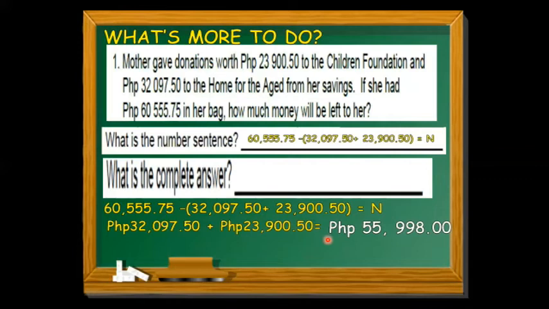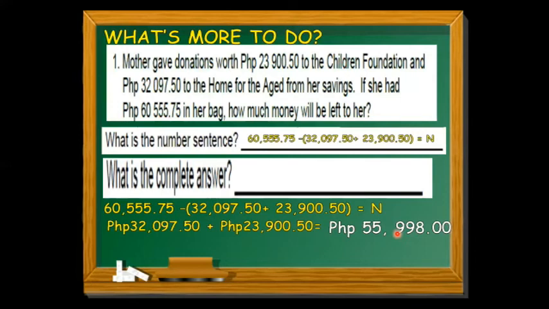Kung ang pera natin sa bag is 60,555 and 75, magkano yung matitira sa bag natin kung ito yung i-donate natin? So, we will subtract 60,555 and 75 doon sa ating total donation.